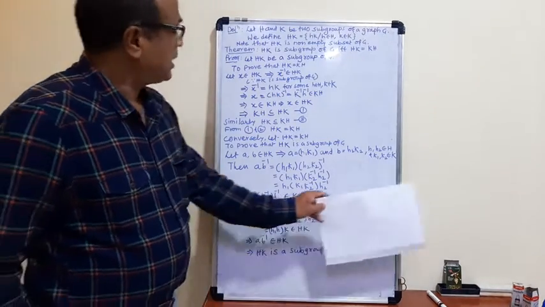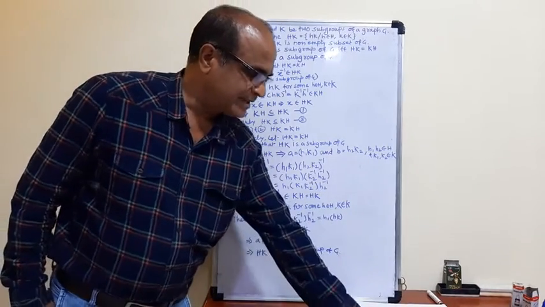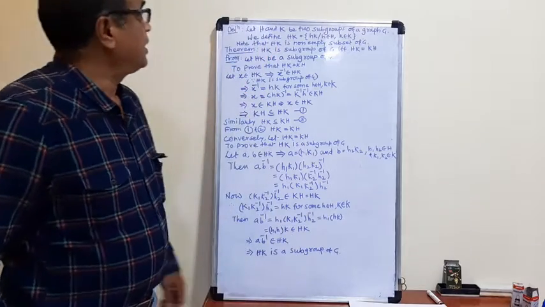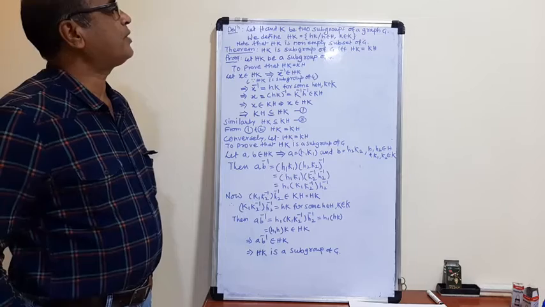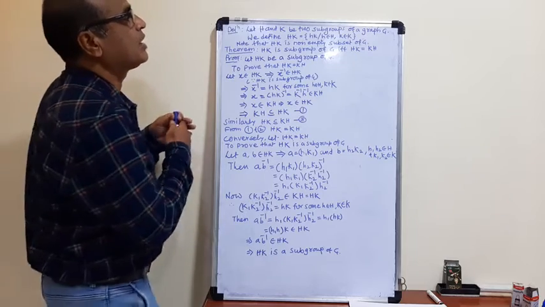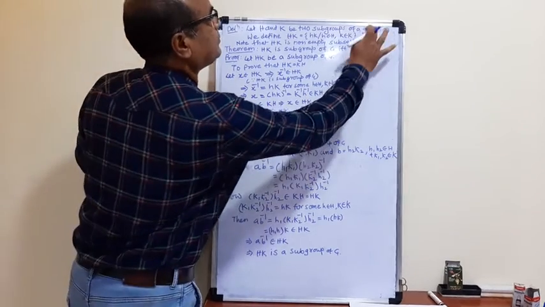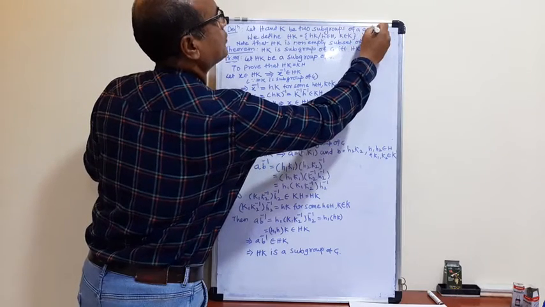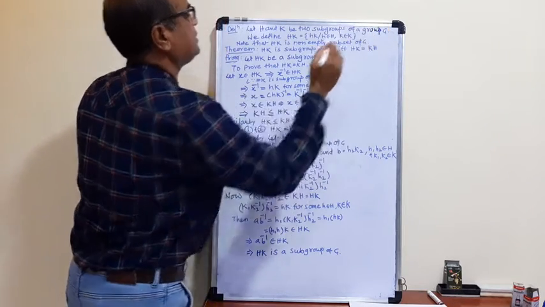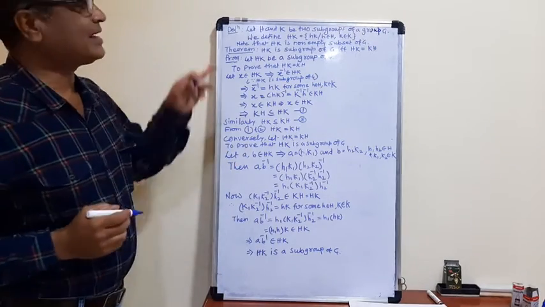So we take a definition in this lecture. If H and K are two subgroups of a group G, we define the set HK.